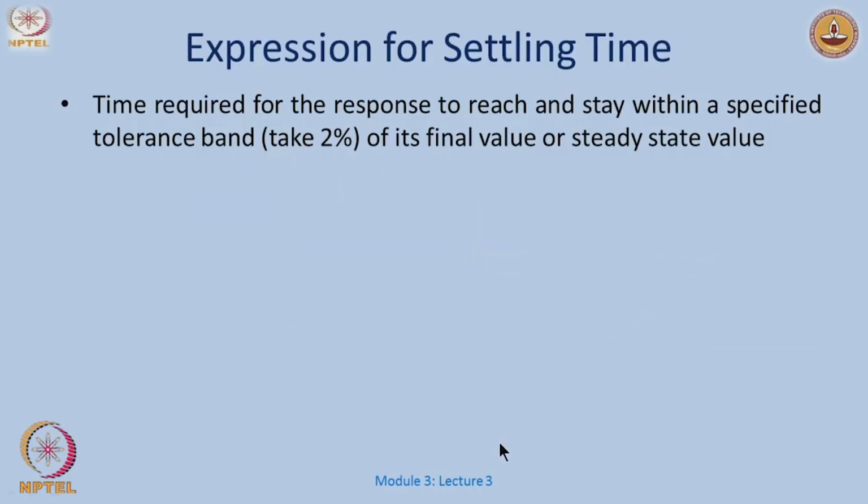Okay. So, how do I write this? Ts, so if I again look at my curve, I just take the bottom curve, 1 minus e to the power minus zeta omega n t over the square root of 1 minus zeta square.